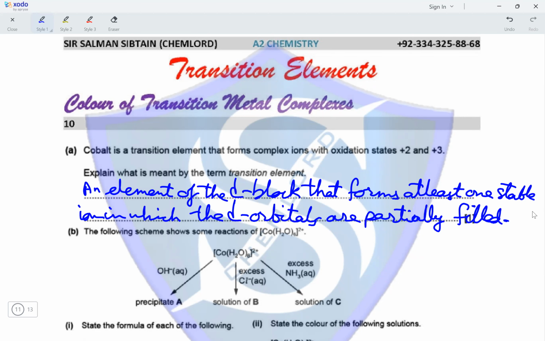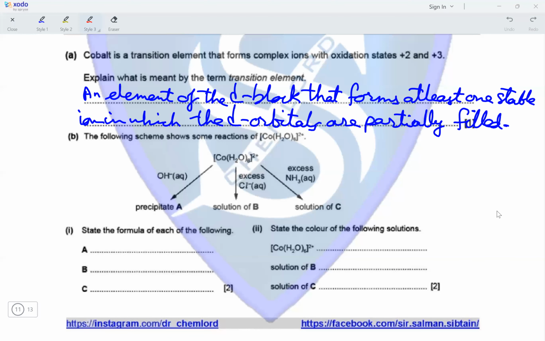So that is the definition of a transition element.